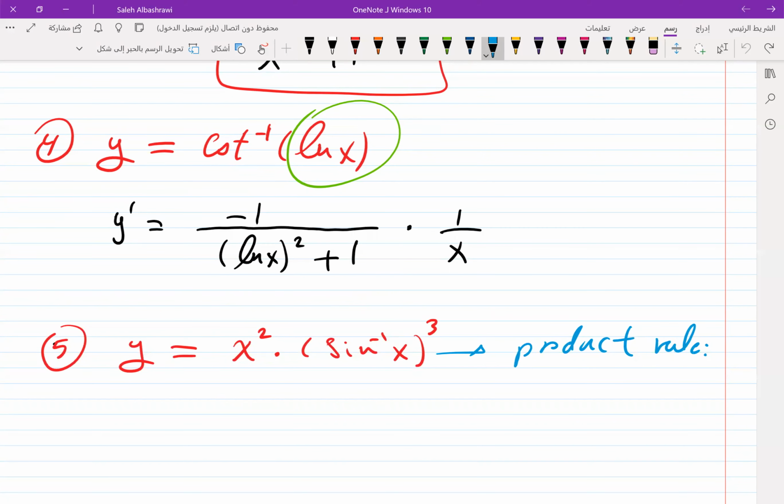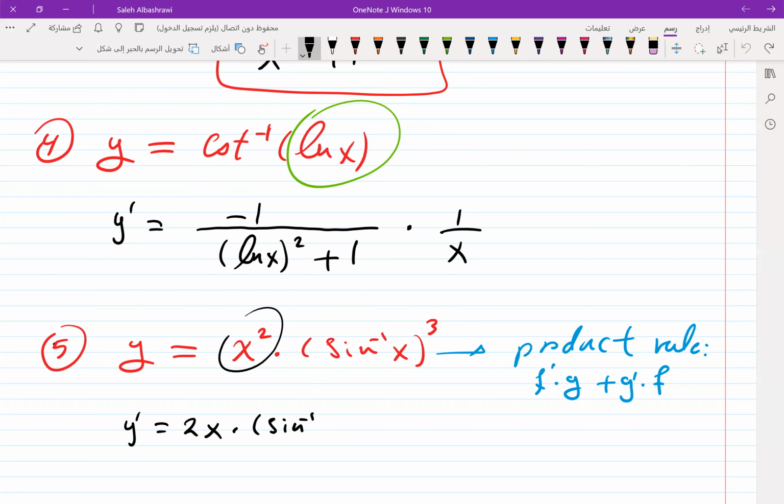By the product rule, we know that the derivative is f prime multiplied by g plus g prime multiplied by f. So the derivative now, y prime, is equal to the first function's derivative, 2x, multiplied by g, which is sine inverse x all to the power 3, plus the derivative of the second function.